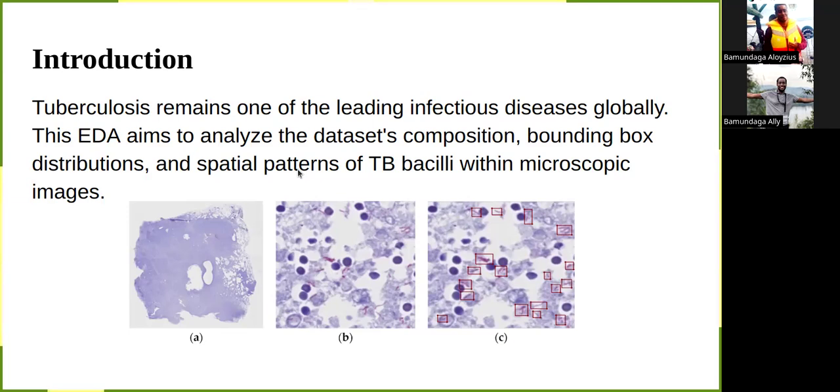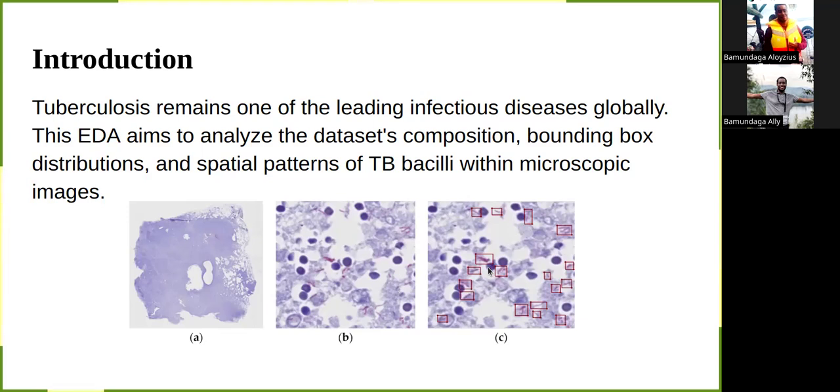within microscopic images. Our image here shows a sputum slide, and then it is magnified to 100, or let's say 1000. Yeah, this is 1000. When it's magnified to 1000 times magnification, we get to have a clear view of the different artifacts and components of the sputum sample.